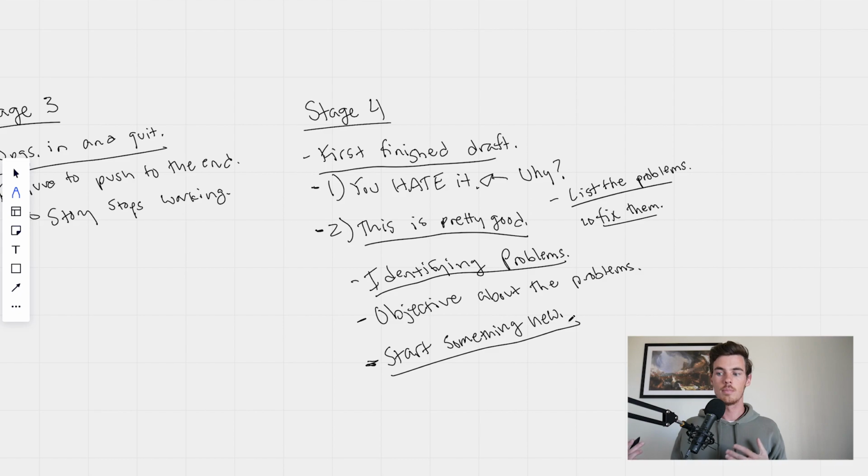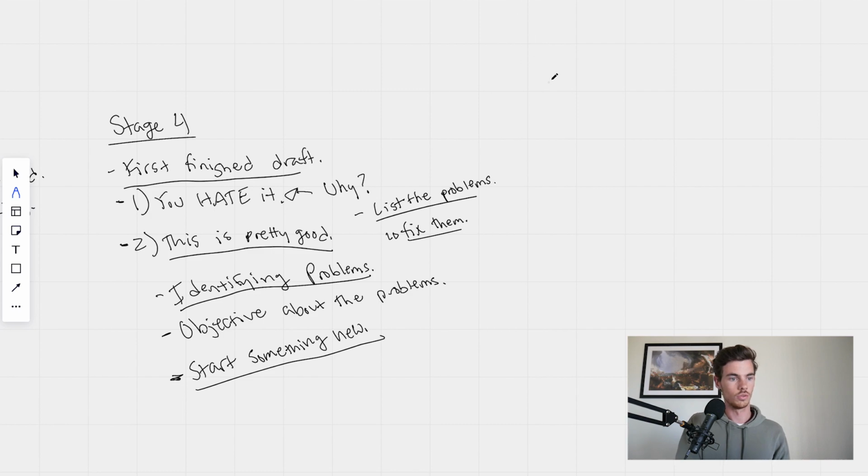That's great, but it also means that it's going to take you forever to get anything out and done, which makes everything slower. So you need to be able to write with a certain level of speed. And so you want to be starting something new here, right? And then essentially do this ideally a few times. And then you can get into stage 5.